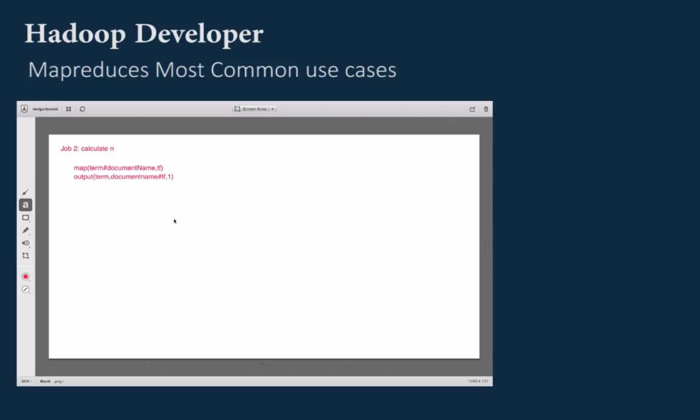Here we are trying to just calculate the number of documents in which the word is occurring, and that's our mapper output.